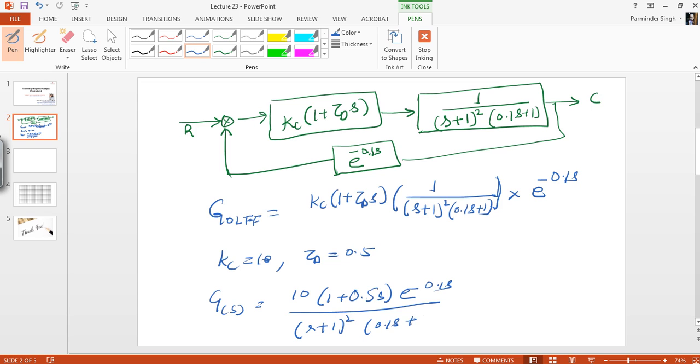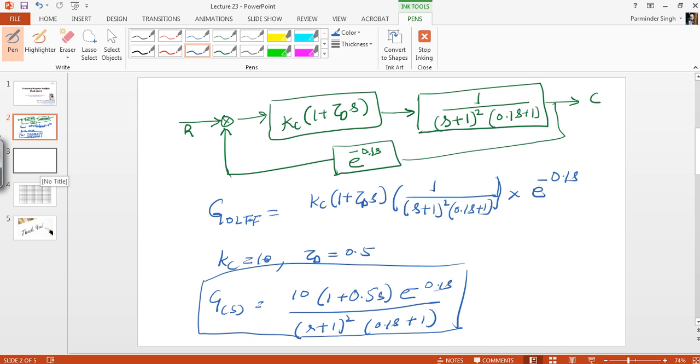Clear? Now that's the overall open loop transfer function we have. Now we can find out the amplitude ratio and the overall phase angle for this particular system.